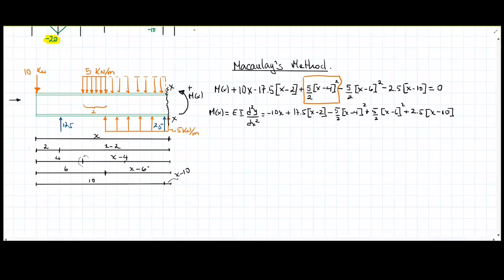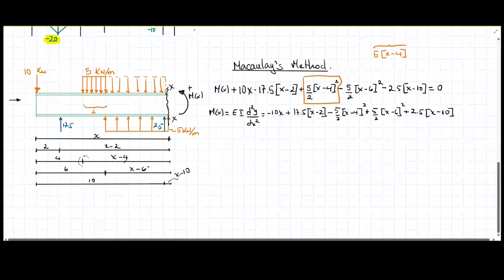And the moment caused by this distributed force is going to be the distributed force times the length where it is applied, that is 5 times x minus 4. So this is going to give me the force.